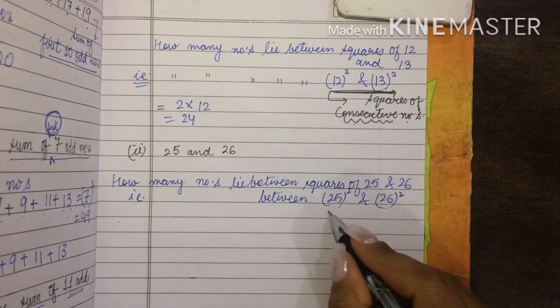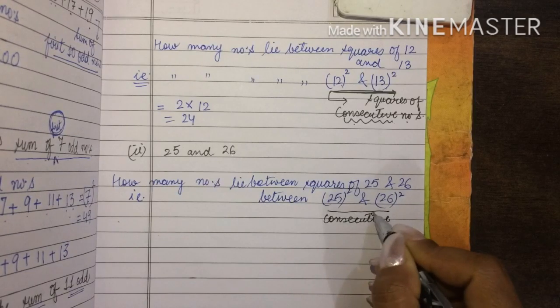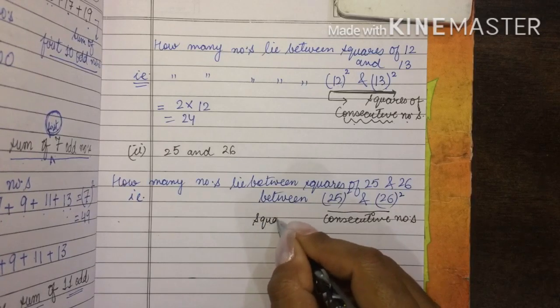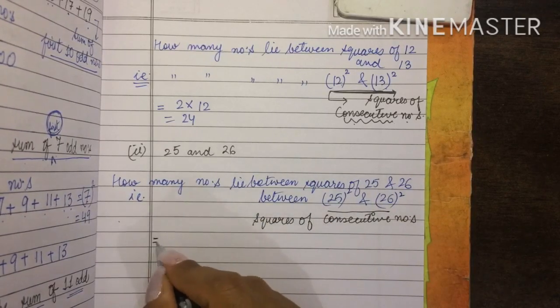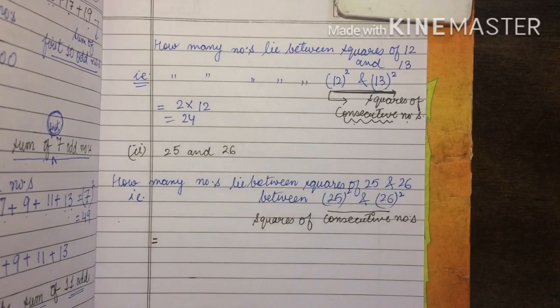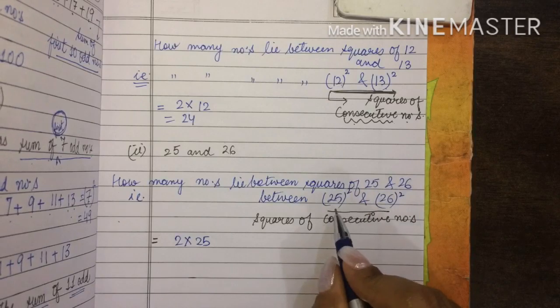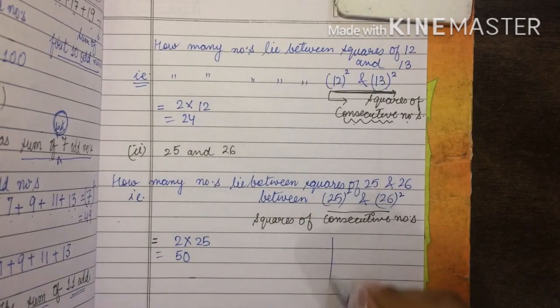Again, I will verify these are consecutive numbers. 25, 26 appear in the counting together. So I have squares of consecutive numbers, and the answer will be given by 2 into the smaller number. So 2 into the smaller number, which is 25, will be 50.